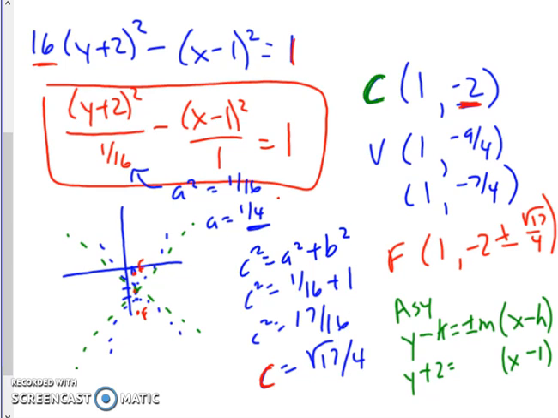Now we have to think about our slope. We'll have plus or minus, and in this case, we always want rise over run. So if we count up first, that is going to be our a value, our vertical count up, over our horizontal, which would be our b value in this case. So it's going to be a over b, so it's going to be 1/4 over 1, which would simply be a 4th.